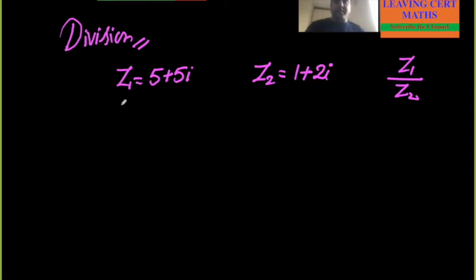Okay, so here what you have to do is write it like this. Now see, we can't do anything here. So if you have a complex number in division, you have to take the conjugate of the denominator and multiply both numerator and denominator by it. The question is, what is the conjugate? Do you know the conjugate? Suppose you have a plus ib, a complex number z.